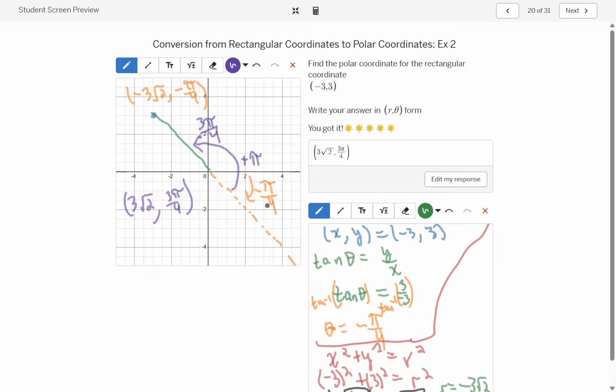So instead of looking at negative pi over 4 and scooting backwards the distance of 3 square roots of 2, if I want to scoot positively, I add pi to the negative pi over 4, and that gives me the angle of 3 pi over 4. But when I make that add pi change, I also change the sign of the radius.